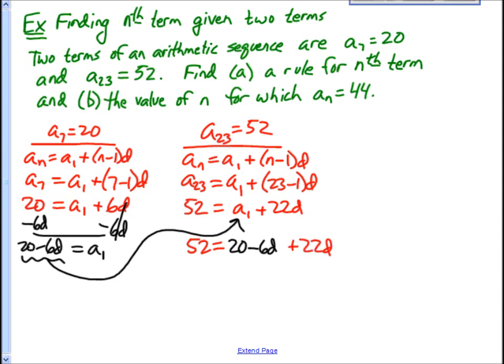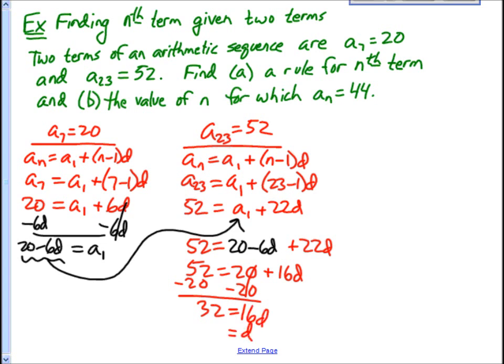Okay, so I got 52 is 20 plus 16d. Okay, subtract 20. 32 is 16d, divide by 16, and you get 2. So our d is 2, all right?